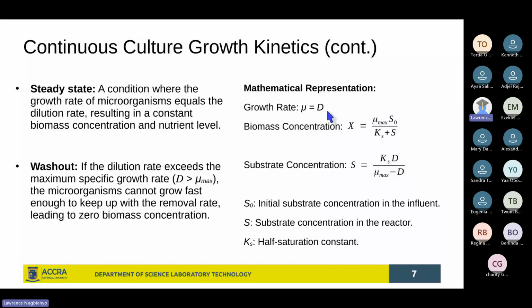And it also means that biomass concentration at that stage is expressed just with that Monod equation, where you have the maximum growth rate, the product of the maximum growth rate to the substrate concentration over the half saturation constant plus the substrate. Just like the Michaelis-Menten constant, you do have these representations of the steady state.